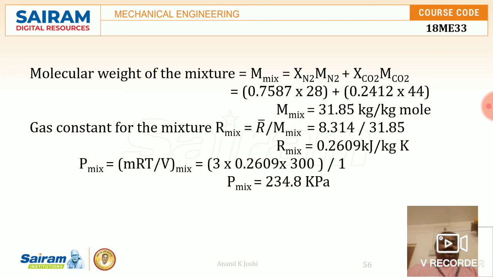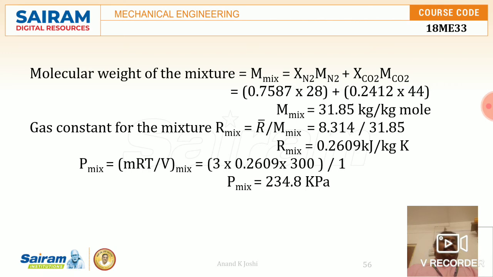Now that you know R mix, you can find P mix, that means the pressure inside the cylinder, which you have to calculate. To calculate the pressure inside the cylinder, we must know R, T and volume V. These are the basic parameters. We have the ideal gas equation, PV equals mRT.